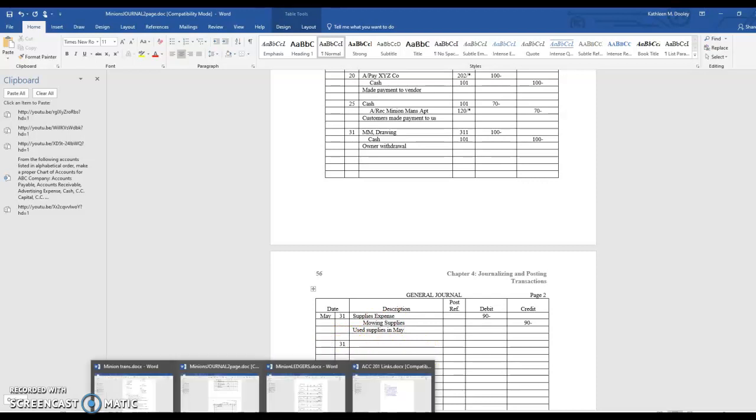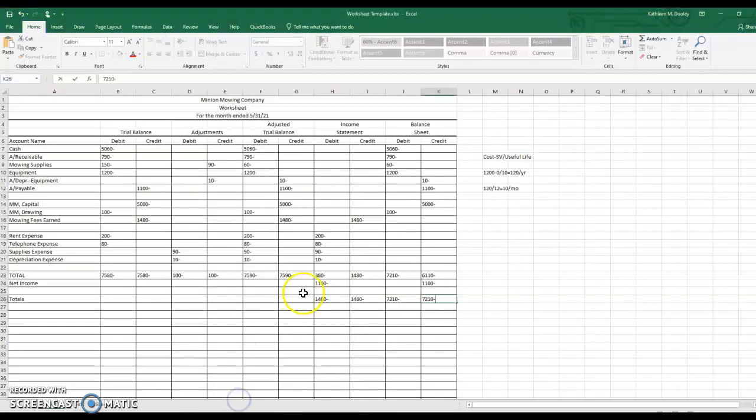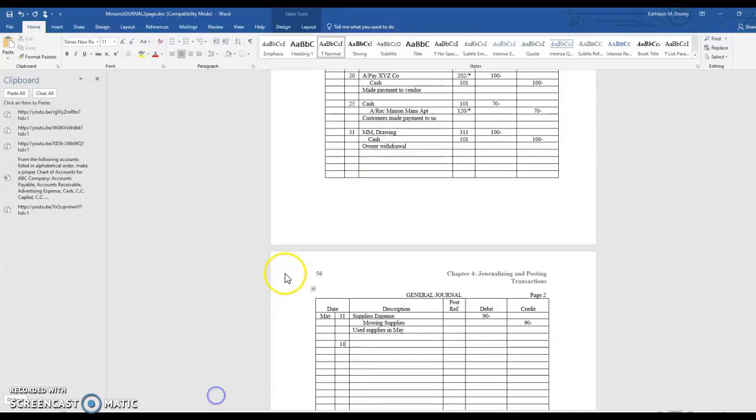Okay, the other one was a debit to depreciation expense and a credit to accumulated depreciation dash equipment. That's for 10.